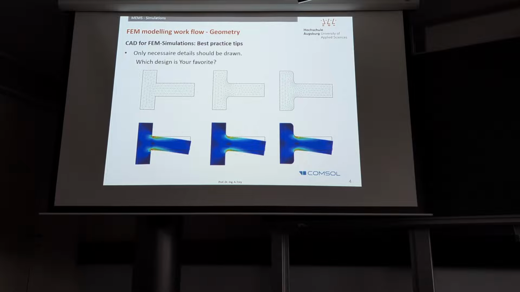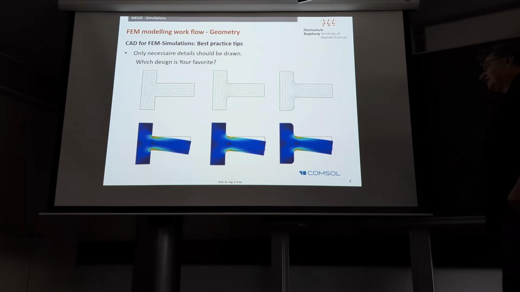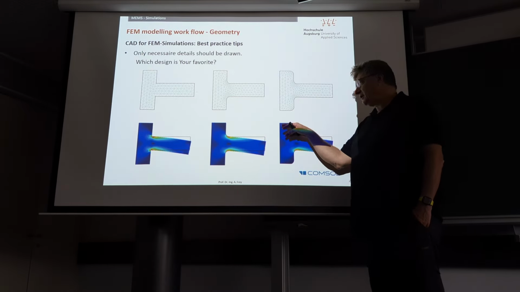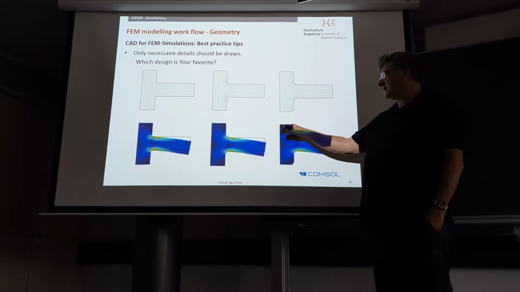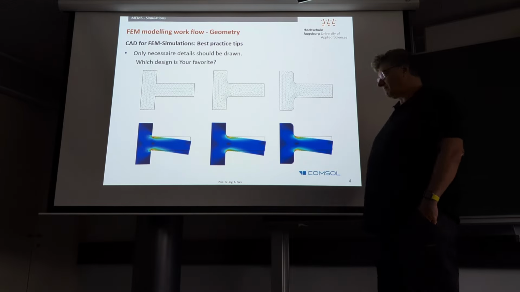There are no sharp edges, but for simulation purposes, it's a good approximation to neglect those fillets, because it saves you some mesh elements. Because of the fillet you create, because of the curvature, a lot of elements which are not necessary to describe the things going on in that region.